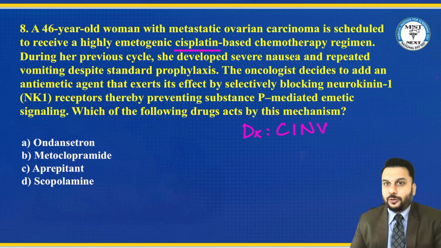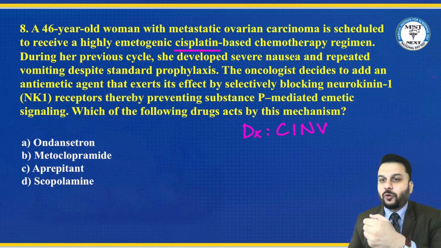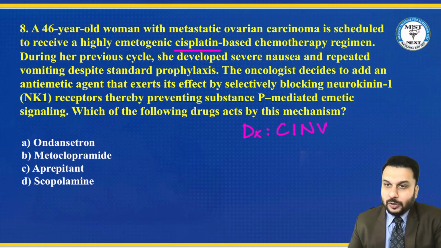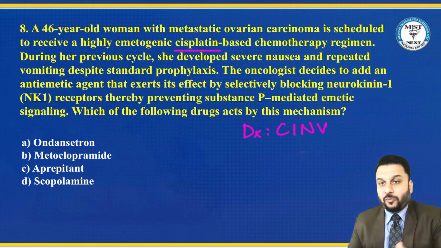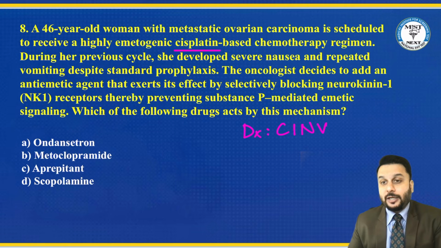But the question didn't ask you that. Now, if you remember from the classes, you must have learned that there are two types of chemo-induced vomiting, early onset and the late onset. Okay. Early onset means the vomiting that happens within 1 day, where setrons are preferred. And the vomiting that happens after 1 day is called late onset.